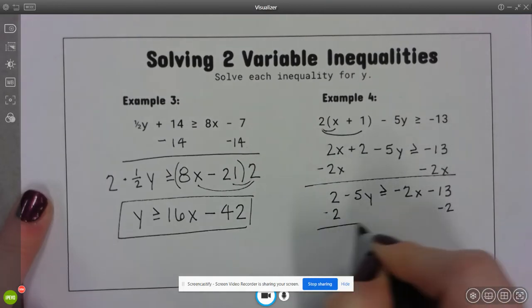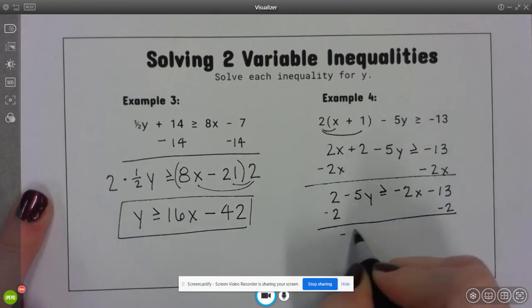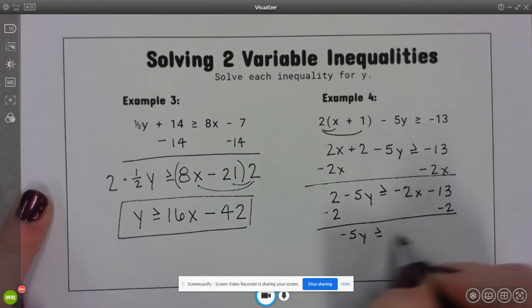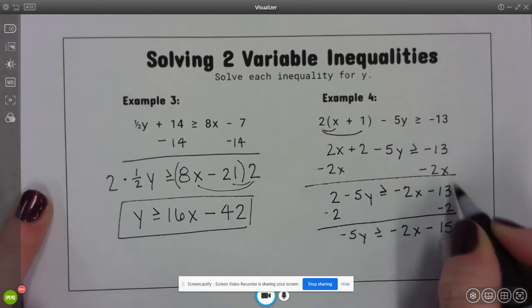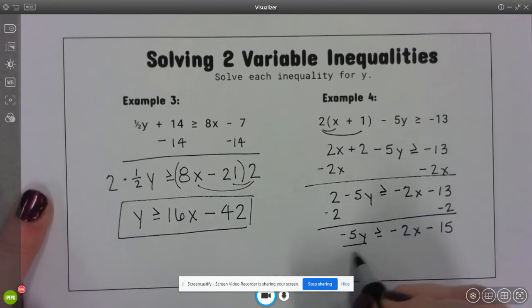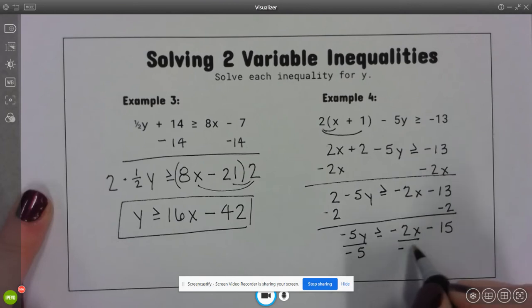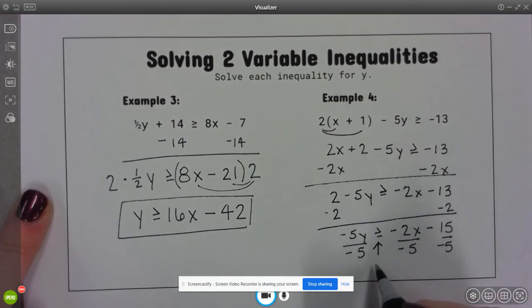Subtracting 2. I have negative 5y greater than or equal to negative 2x minus 15, because I'm getting more negative. Dividing by negative 5. Got to switch the sign because I just divided by a negative. So y will be less than or equal to 2/5 x plus 3.